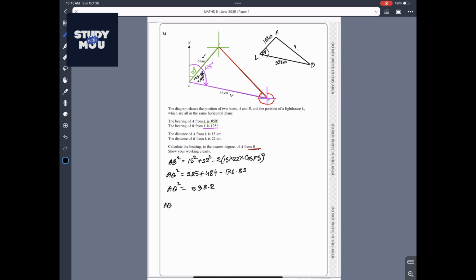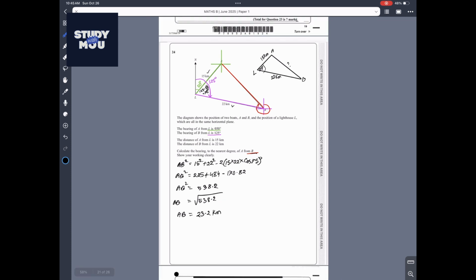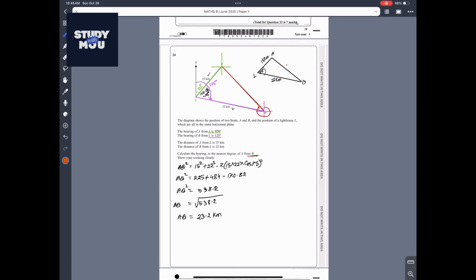Now AB is equal to root over 538.2, AB equals 23.2 kilometers. Now since we found out that it's 23.2 kilometers, now we can find out the rest of the angles.